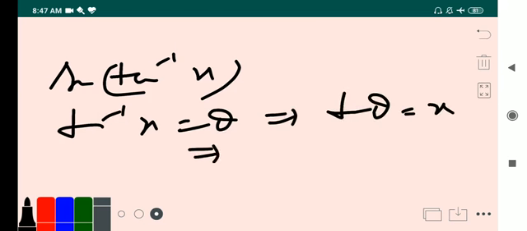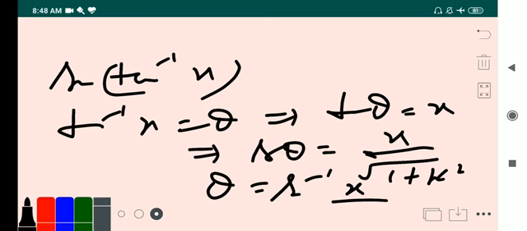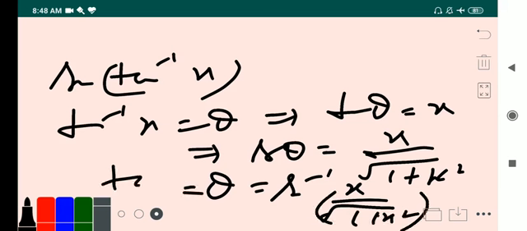From here we can say sin theta is perpendicular x upon under root 1 plus x square. So theta equal to sin inverse x upon under root 1 plus x square, and so we have tan inverse x equal to sin inverse x upon under root 1 plus x square.